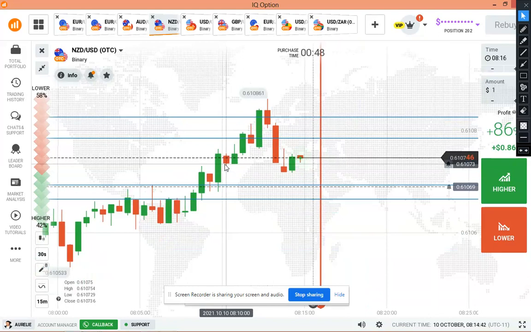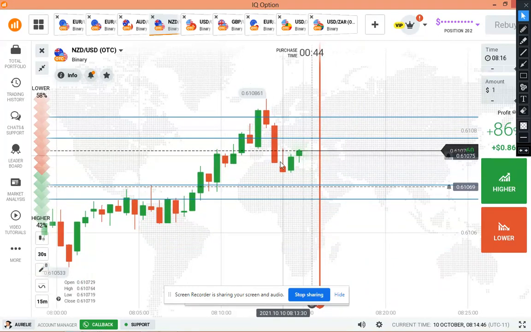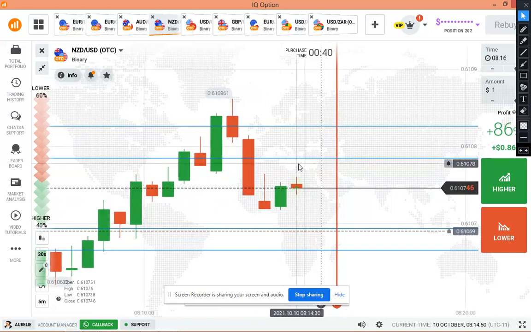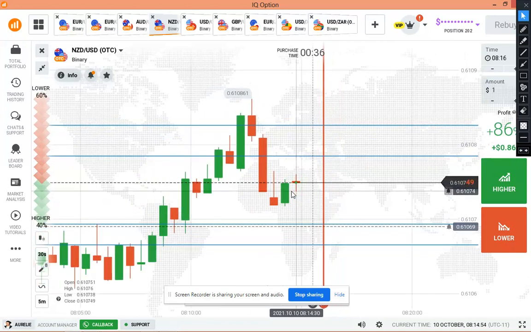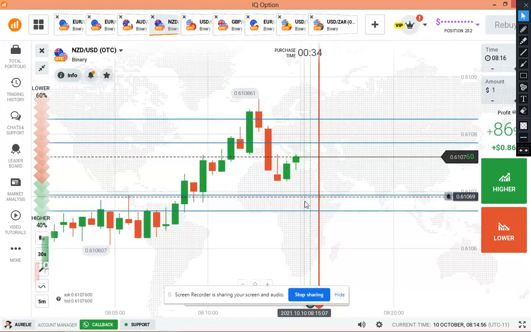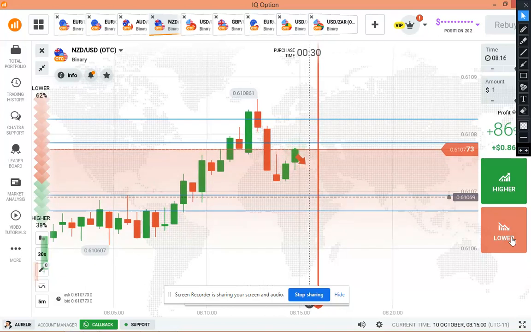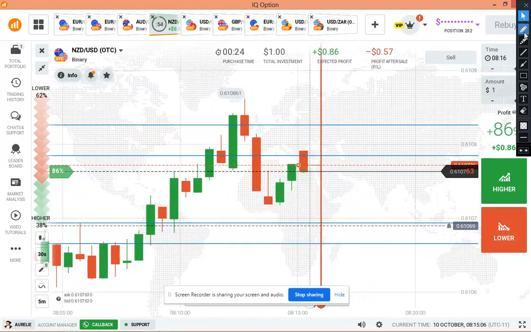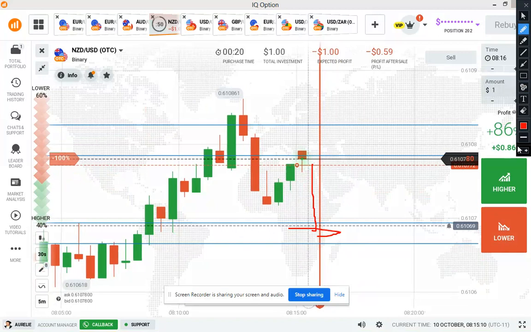This is a support level, and the sellers have already crossed the level. So which means the buyers will continue again for 1 minute or for 30 seconds, and they will continue to this next level. So this time the sellers will enter and at least continue to this level.